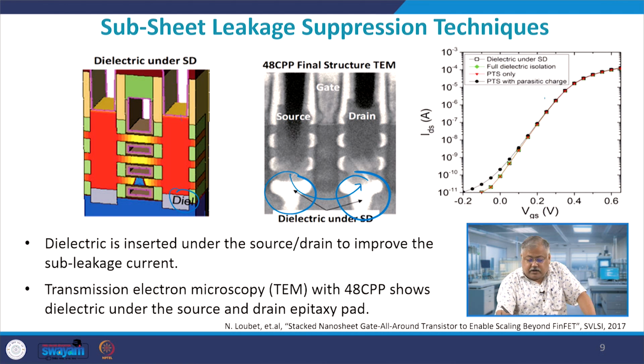Now, if you look at this graph on the right hand side, the square blocks are dielectric under source drain, right? And you see full dielectric isolation is also given by the green rhombus, or a green square, and you can see here below the threshold voltage there is a substantial drop in the current, because of the reduced leakage current, when you take into consideration the dielectric under source drain region as well as full dielectric isolation.